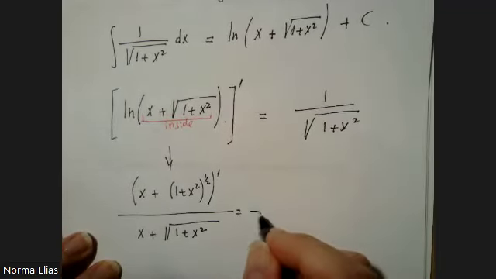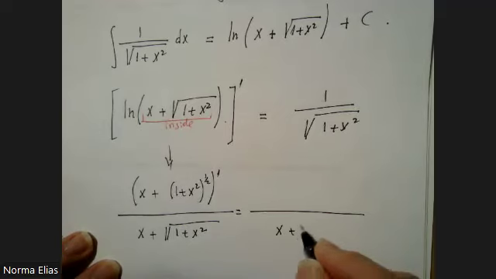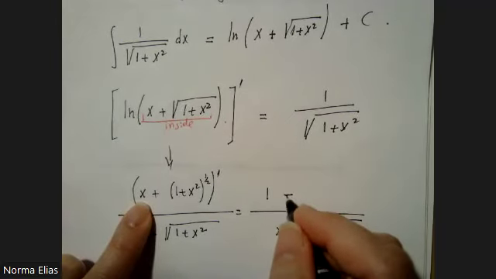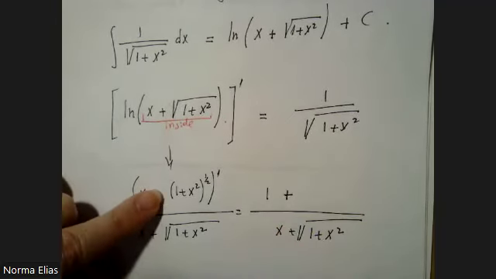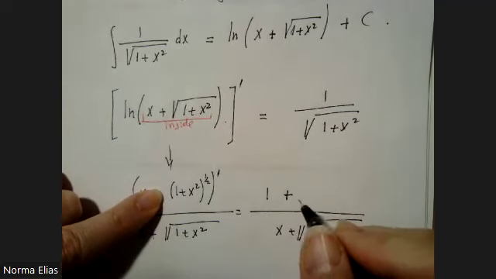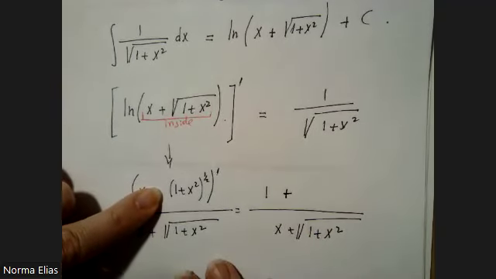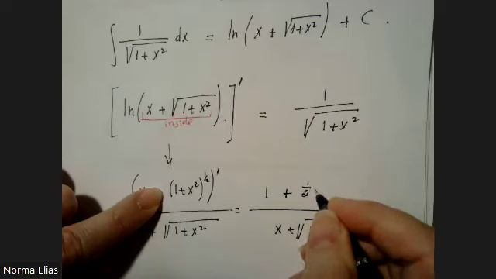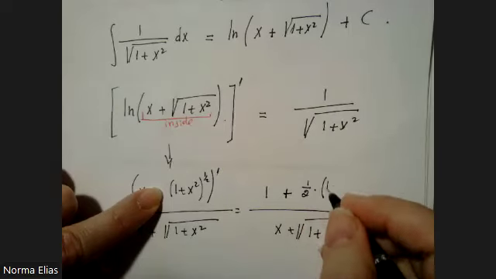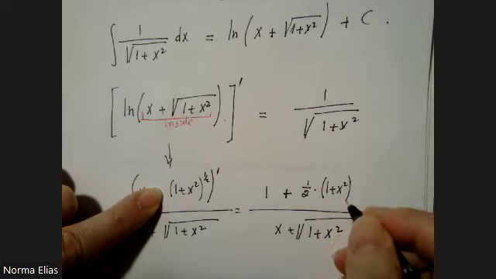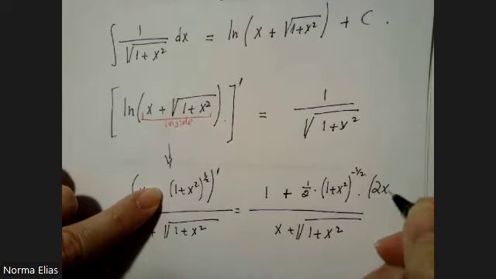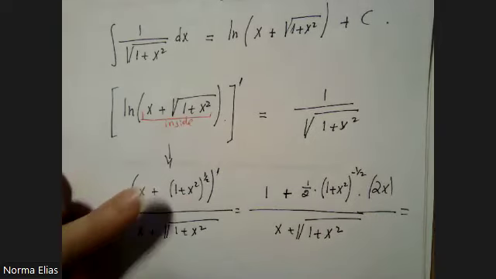Okay, so let's do this. And this is a simple practice of differentiation. Okay, the derivative here, this is a 1 plus derivative of 1 plus x squared to the power a half. That's the chain rule. So it's 1/2 times 1 plus x squared to the power a half minus 1 times the derivative of the inside, which is 2x.